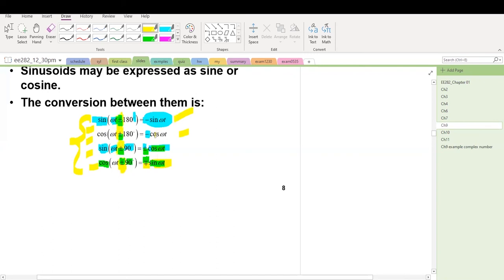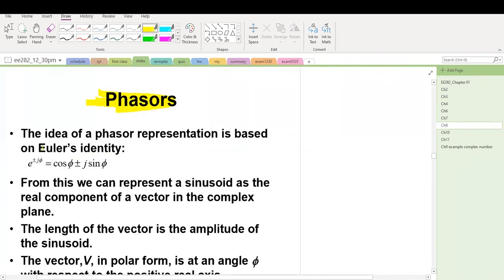If we cannot memorize all of them, we can put them into a formula sheet. One of the important identities is Euler's identity: e^(jφ) equals cos φ plus j sin φ, and e^(−jφ) equals cos φ minus j sin φ. Pay attention to the plus sign with plus sign, and minus sign with minus sign.